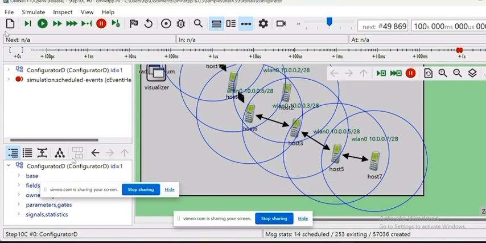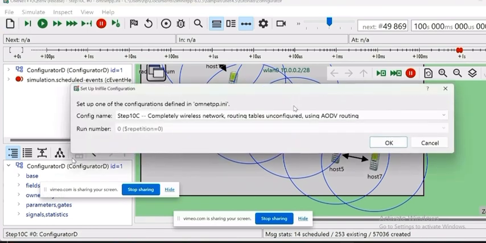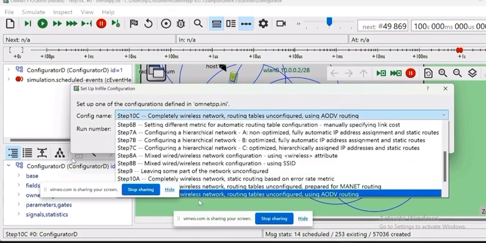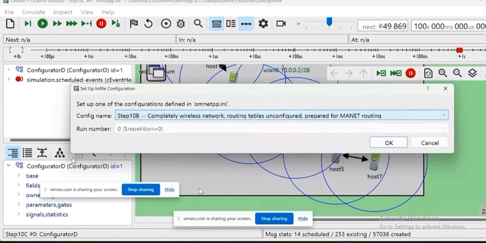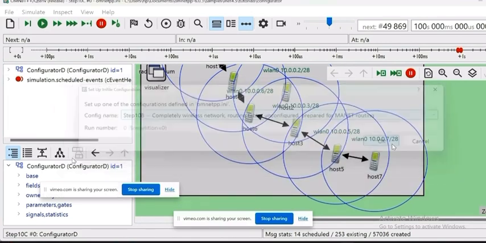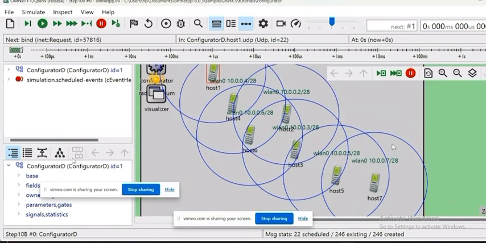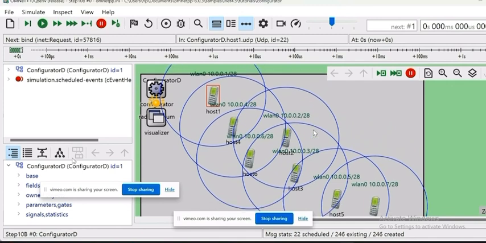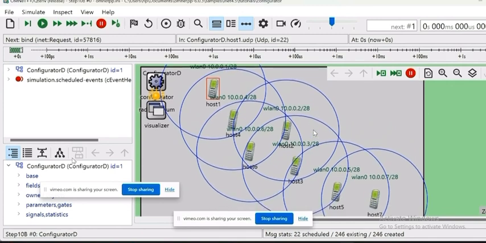Then moving forward, we have step 10B, which gives us an image of the unconfigured routing table, which you are going to see right now. This table is unconfigured, as I said, allowing us to use default routing behaviors.